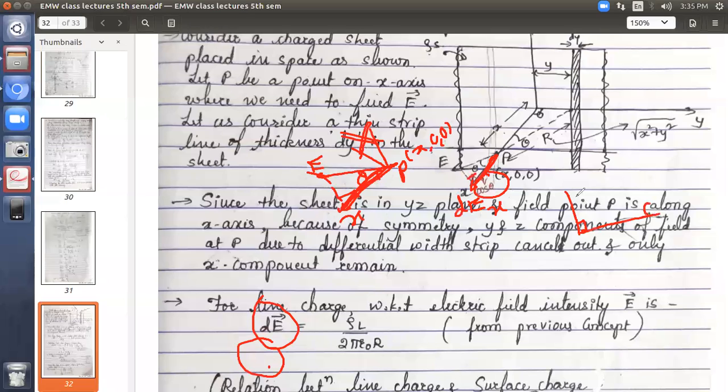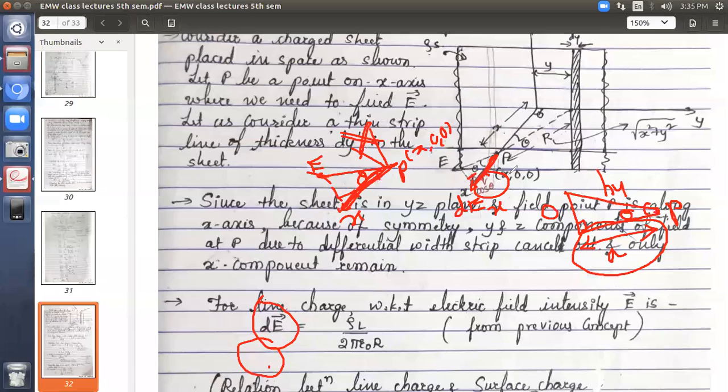This is your theta. I want this length. So this is your opposite, this is your adjacent, this is your hypotenuse. I have just rotated the structure like this. This is your point P. So this adjacent, or the base, is actually cos theta.